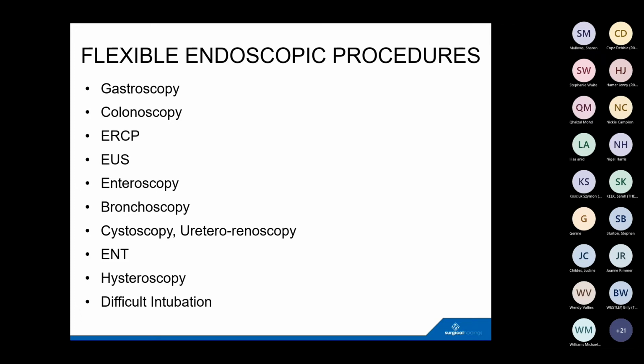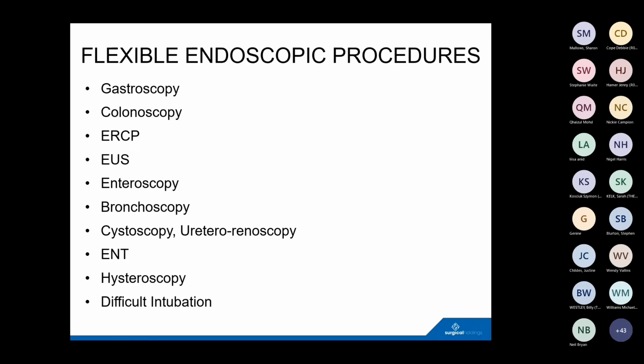Moving through those, as I said, upper GI, you've got scopes that go down the throat, and through the anus in terms of gastroscopy and colonoscopy. ERCP is swallowed and goes into the duodenum to look at the biliary system. EUS can be used pretty well anywhere, technically, and then enteroscopy.